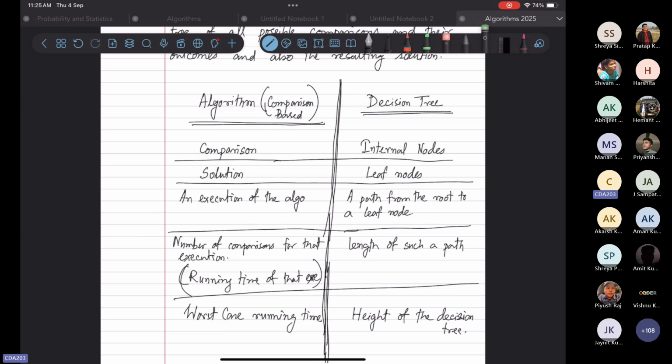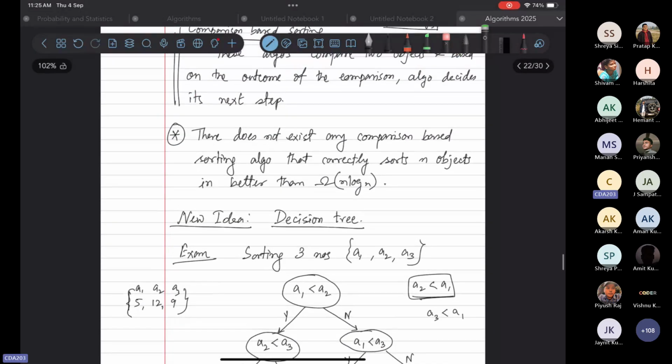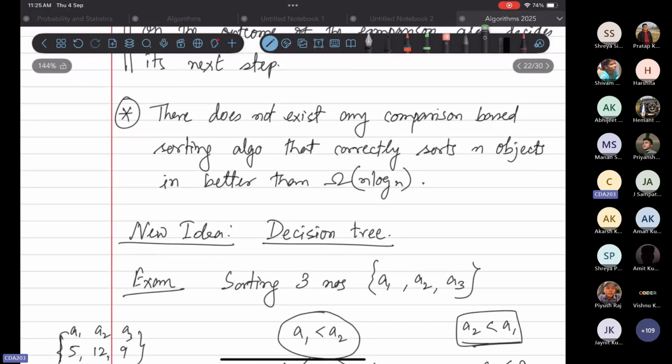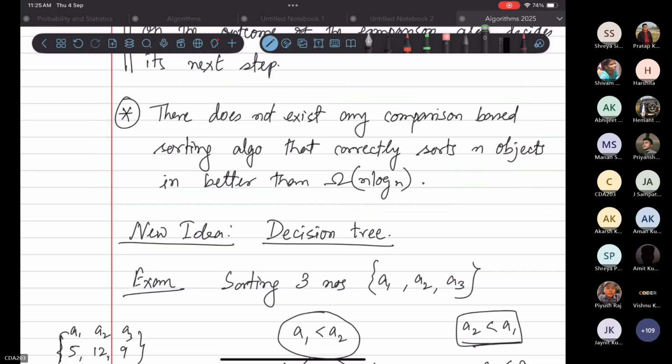Okay, fine. Now, just think what we're trying to prove here. We're trying to prove that there does not exist any algorithm which runs better than this time, right?